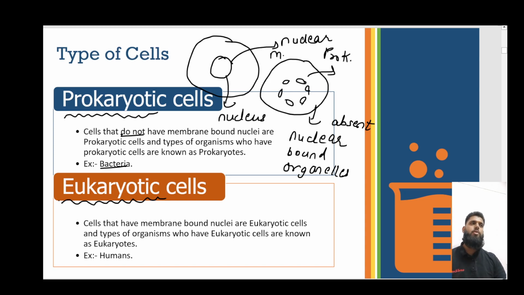We will talk about all these terms in further detail in upcoming videos. So we have nucleus, we have proper mitochondria here, we have Golgi bodies here, we have vacuoles here. So all organelles are present in eukaryotic cells, but none of the above organelles are present in prokaryotic cells.